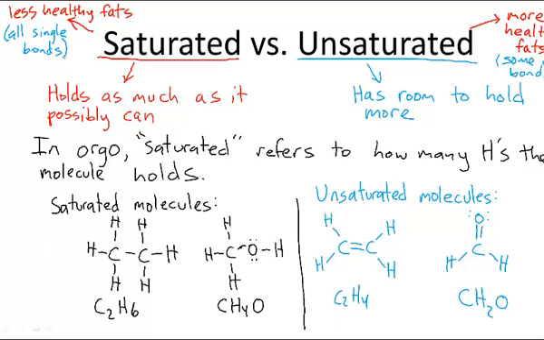All right, so it turns out that there's this correlation between the number of hydrogens on the molecule and double bonds. And we can calculate what we call the unsaturation number.